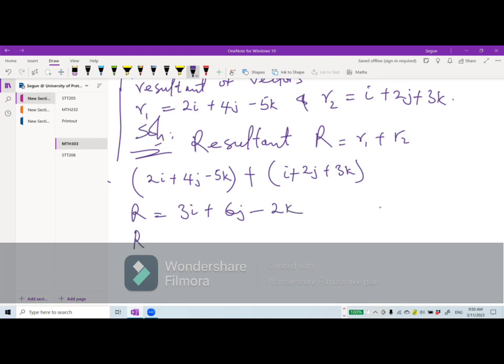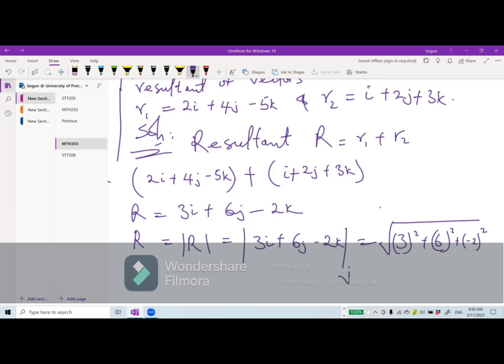So then the magnitude of R will be, in this format, 3i plus 6j minus 2k, which is the same thing as the square root of 3 squared plus 6 squared plus negative 2 squared.